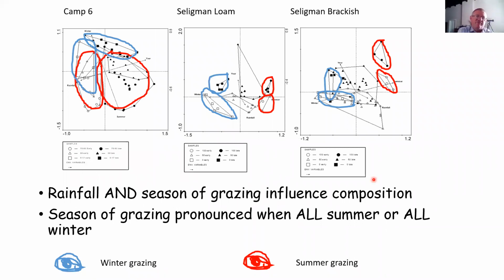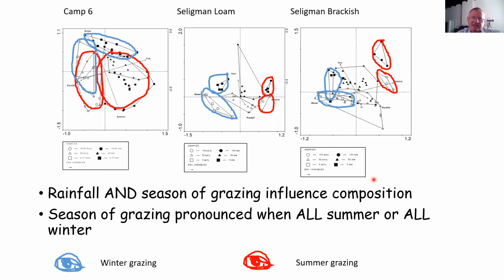Actually, the first axis of the ordination, the x-axis, is a rainfall axis, not a season of grazing axis. So even in those trials where you were applying very severe grazing treatments, the effect of rainfall was higher than the effect of relatively severe grazing. In the Seligman treatments, it was the opposite.